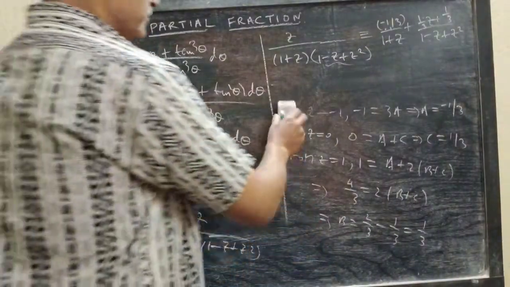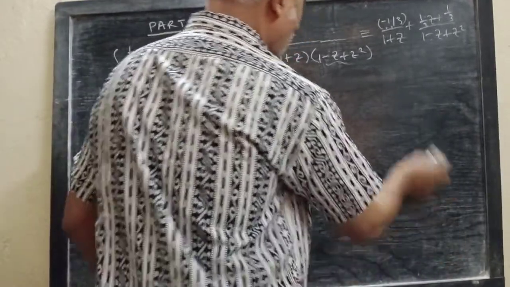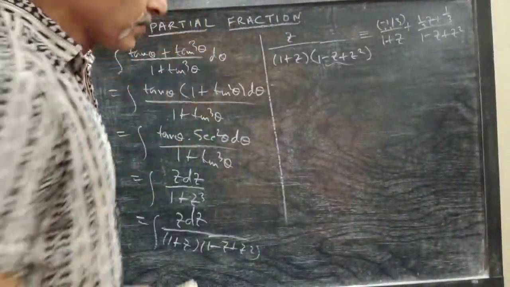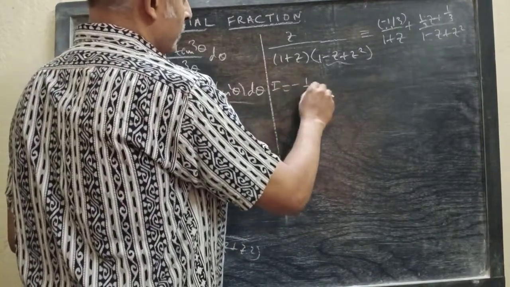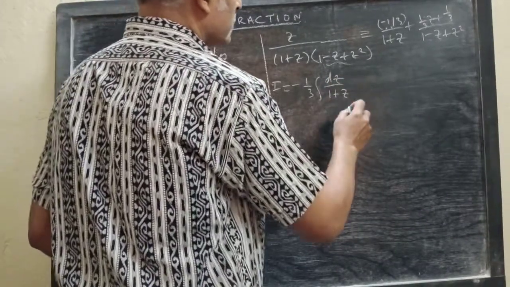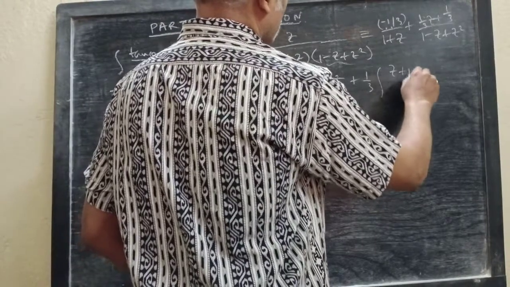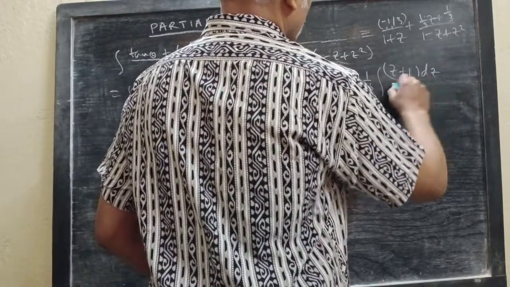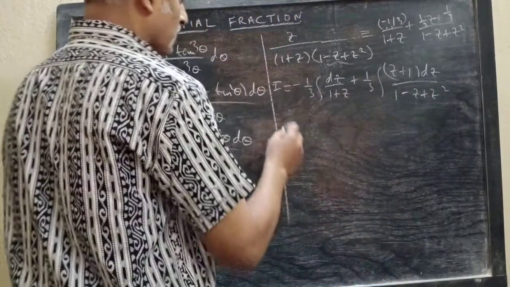So therefore I will be minus 1/3 integration dz by 1 plus z plus 1/3 integration z plus 1 dz by 1 minus z plus z square.